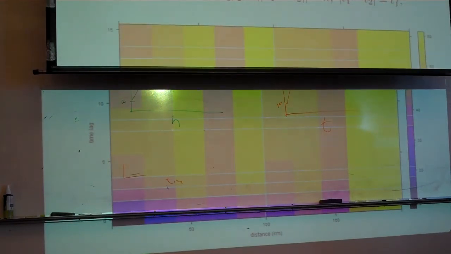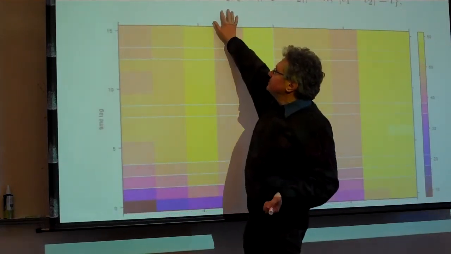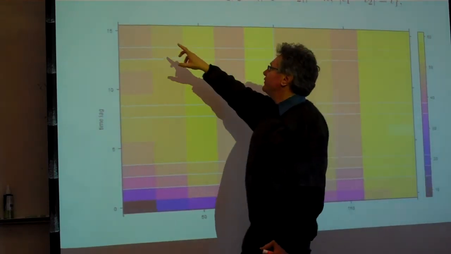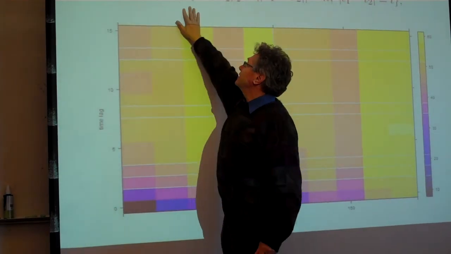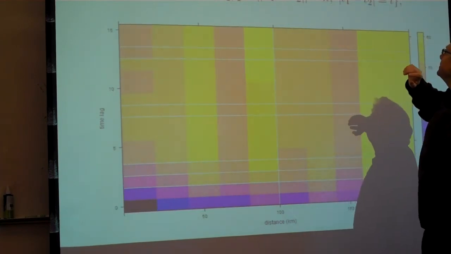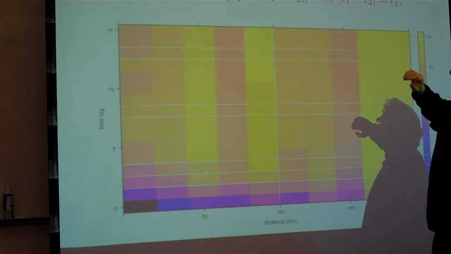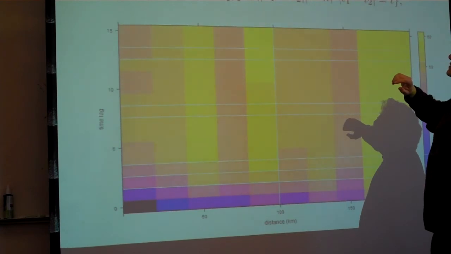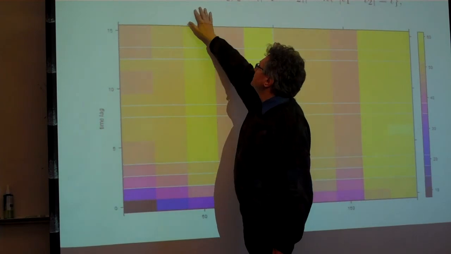So here's the equation. For every value of h and t, for every spatial lag and every temporal lag, we calculate the expected value of these, which should be squared.